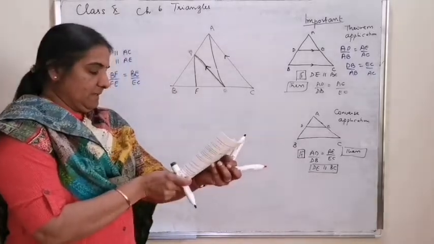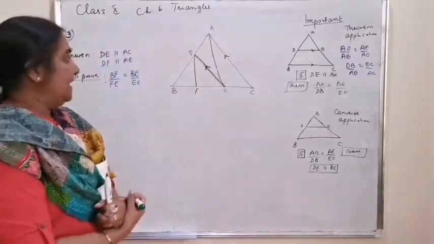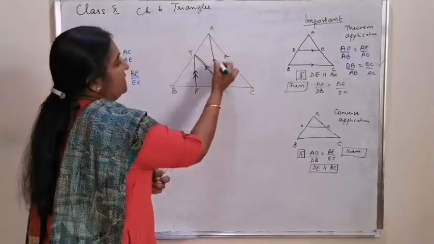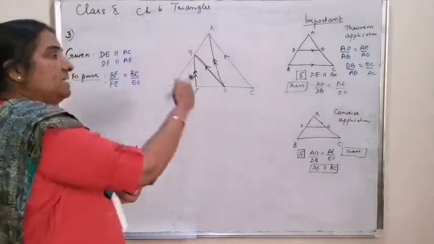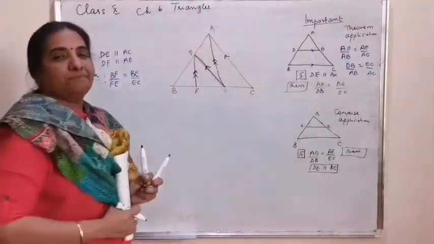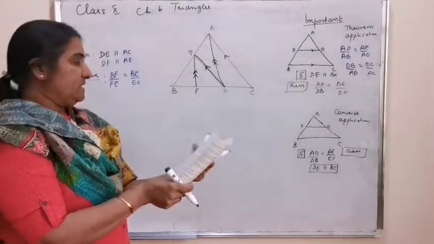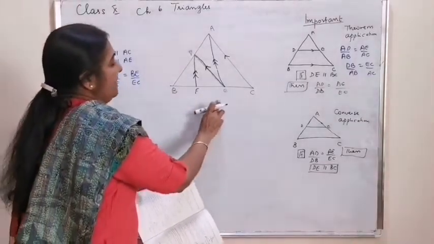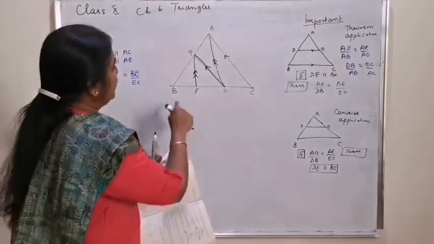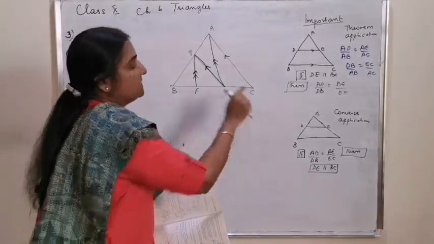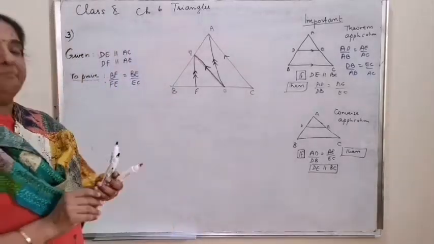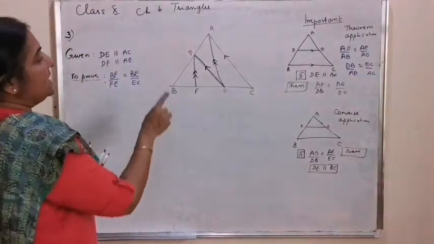And DF is parallel to AE, which shows that AE is the base and the triangle is AEB. What is to prove is BF by FE is equal to BE by EC. So now, based on the parallel sides, you can mention the triangles.